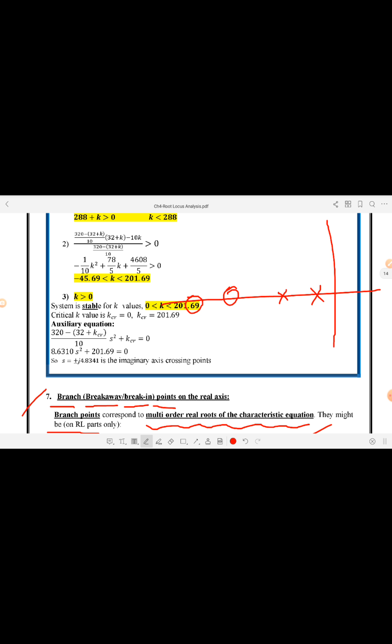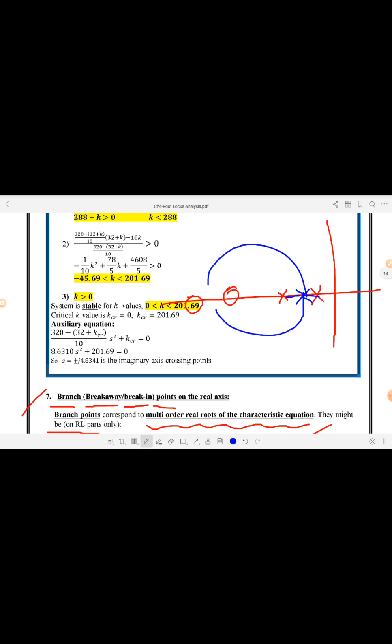This means that the root locus will start from this pole, and also will start from this pole, and after that they will meet at a certain point and then they will depart.